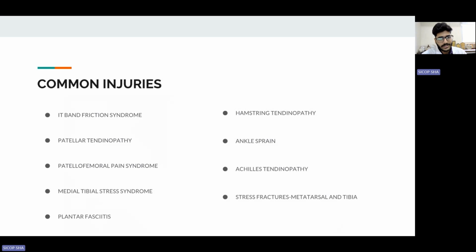So these are some of the common injuries: the IT band friction syndrome, patellar tendinopathy, patellofemoral pain syndrome, medial tibial stress syndrome, plantar fasciitis, hamstring tendinopathy, ankle sprain, Achilles tendinopathy, and the stress fractures of the tibia and the metatarsal. If you look into most of these injuries, these occur because of overuse of the soft tissues.